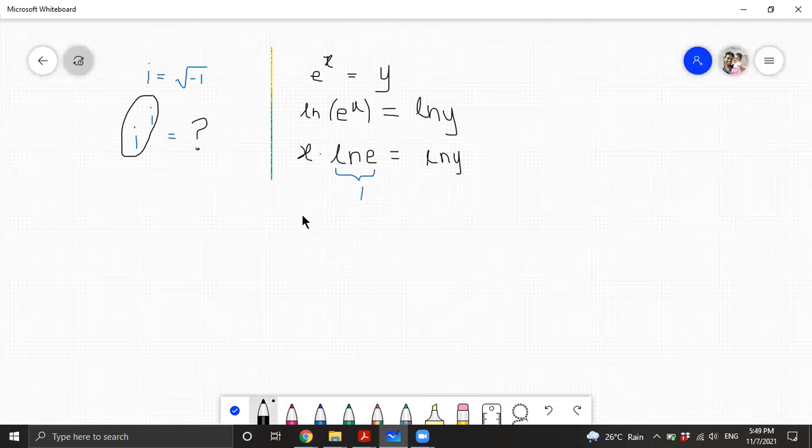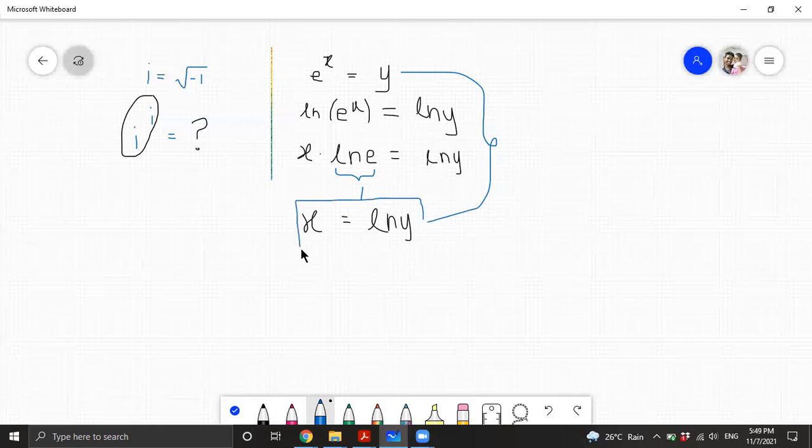So that will bring us x is equal to ln y. So if e to the power x is equal to y, then we can say x in terms of y.